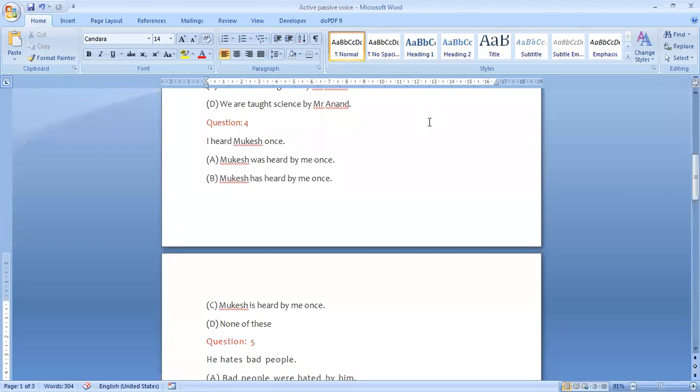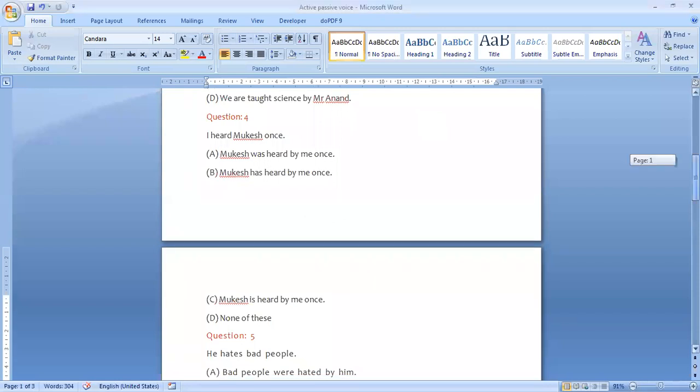Okay, wait. Been will never come in the active sentence. We add been or being in passive voice, never in active.